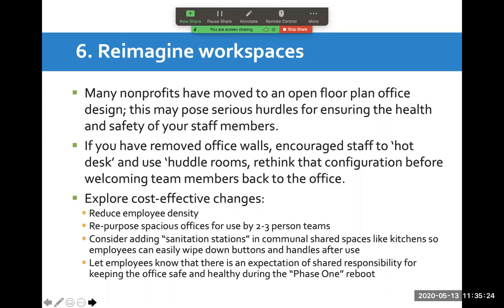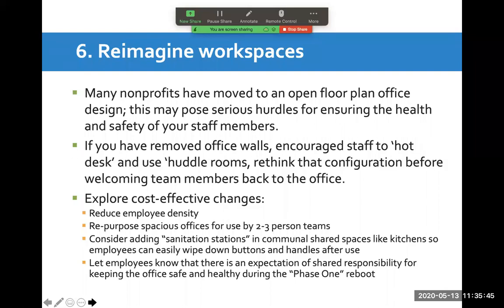So if you've removed walls to create this open floor plan, or if you have a policy where staff hot desk, where they move into small rooms to take phone calls, or if they use huddle rooms that are really small, where people are gathered around a very small table in a very small space, you really need to rethink that configuration.